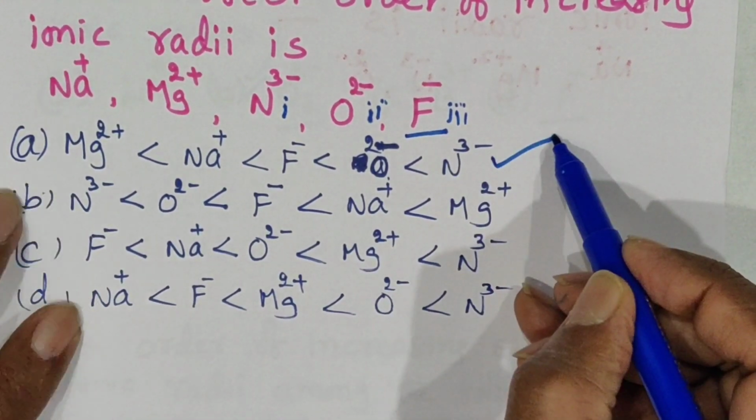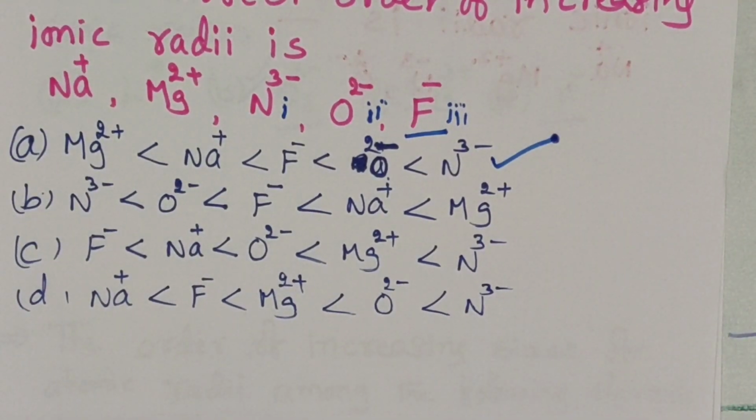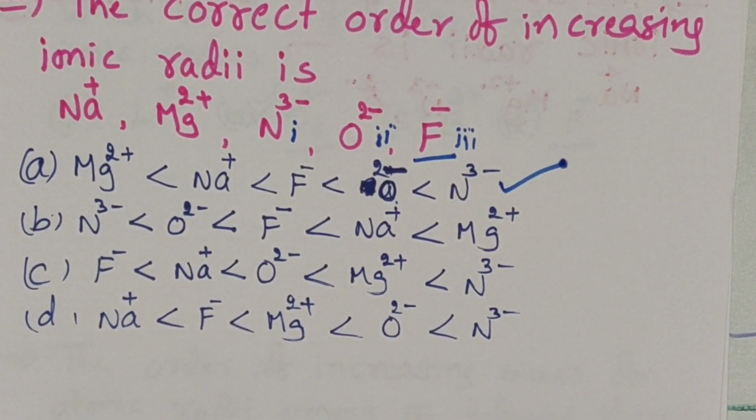So this is the correct option. So you have to remember here, size of ion depends on charge. As the positive charge increases, size decreases. As the negative charge increases, size increases. Based on that, you have to identify the correct option.